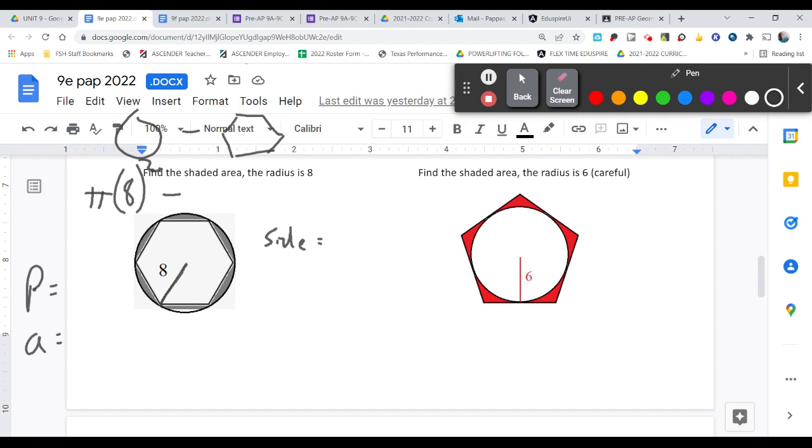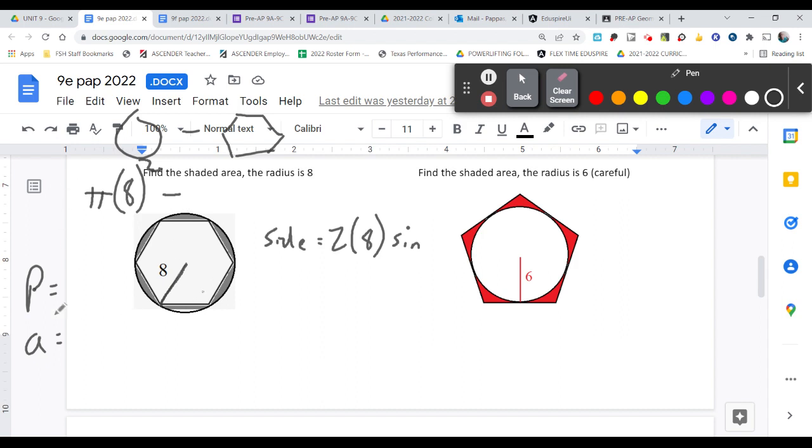What you got? No. That's the apothem. Look towards the bottom of that page when they give us the radius. Side equals something. Yep. So the side is going to be 2 times the radius, so 2 times 8 times sine of theta.